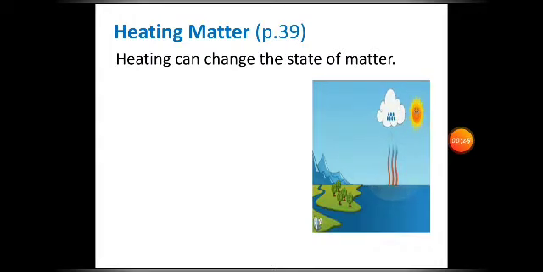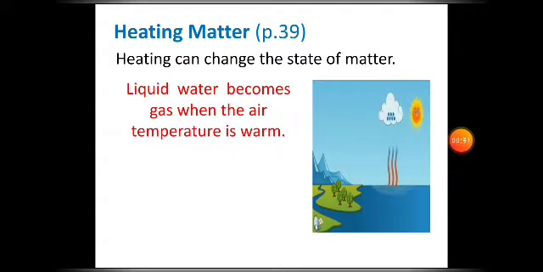We say that this is the change of liquid into gaseous form. So here, in this example, you will notice that liquid water becomes gas when the air temperature also is warm. So the tiny particles of water rise to the sky and form cloud.